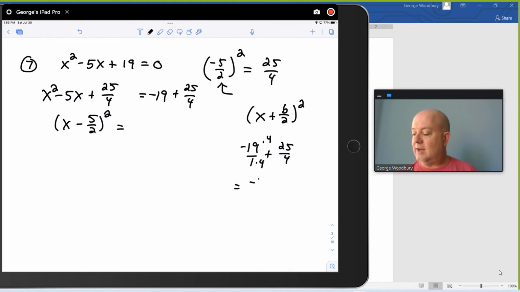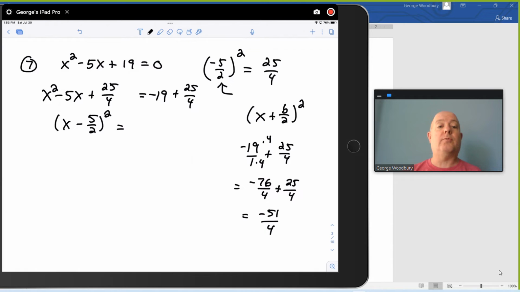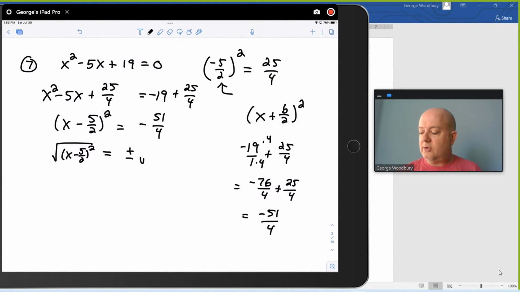That gives me negative 76 over 4 plus 25 over 4, which now I can add to get negative 51 over 4. Okay. Next step, take the square root of both sides. Square root of x minus 5 halves quantity squared equals plus or minus square root of negative 51 over 4.